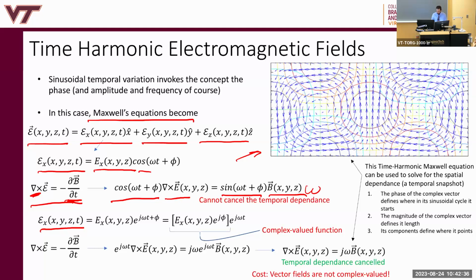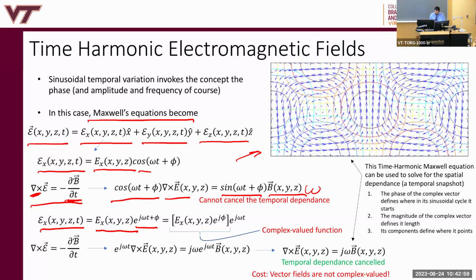The script E has temporal dependence. The straight E does not: Ex of x, y, and z. But now I say e to the j omega t plus phi. I'm still specifying a particular type of temporal dependence, and in fact it's the same. It's sinusoidal. But what's the benefit of that?